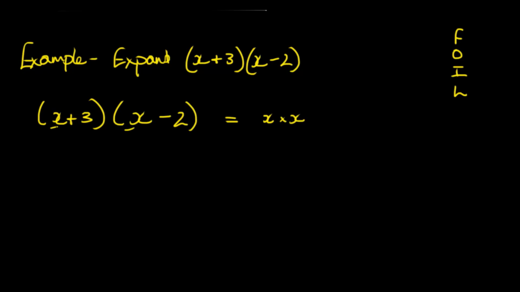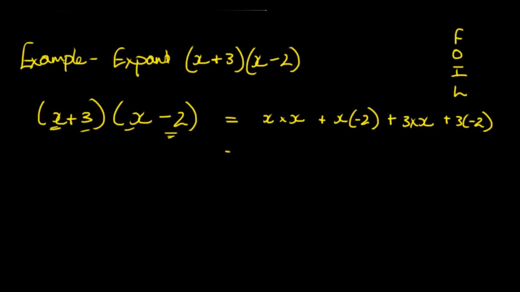Next, we're going to multiply the outside terms, which are x and negative 2. Remember, all of this is negative 2. So that's going to be x times negative 2. Then we'll multiply our inside terms, which are 3 and x. So that's going to be 3 times x. And finally, our last terms, which are 3 and minus 2. So that's going to be 3 times minus 2.